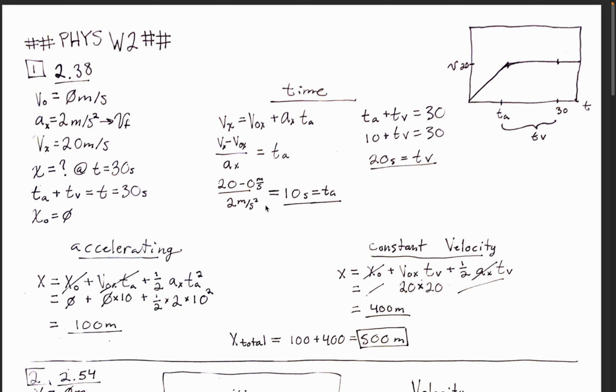Do those calculations, input the values, and we find that it's 10 seconds. And then we want to find TV as well, the time that it has constant velocity. And so we say, the classic 30 seconds equals TA plus TV. And then you find TV is 20 seconds.